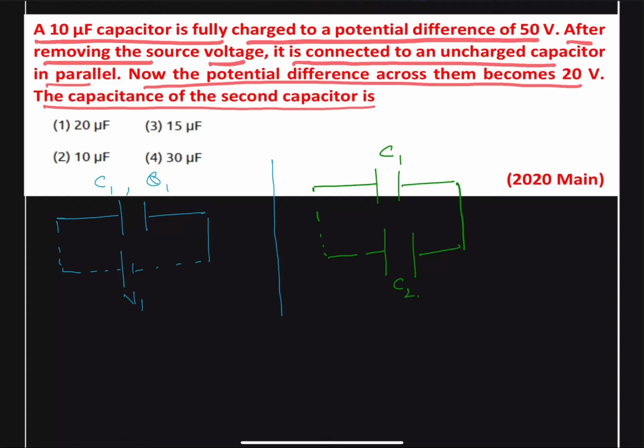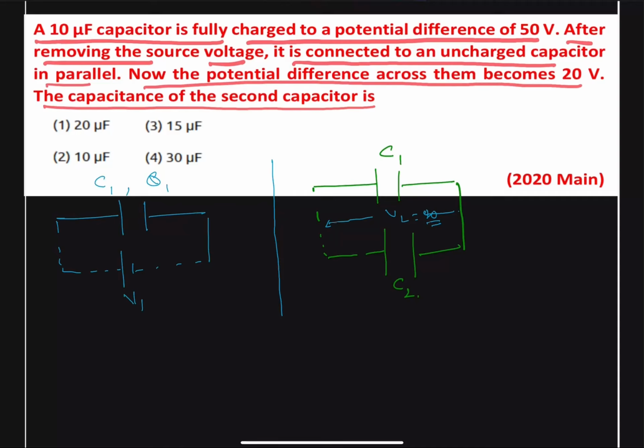It is given that the potential difference across them becomes 20 volt. So if V2 is the potential difference across both, then V2 is equal to 20 volt, and we have to find out C2.